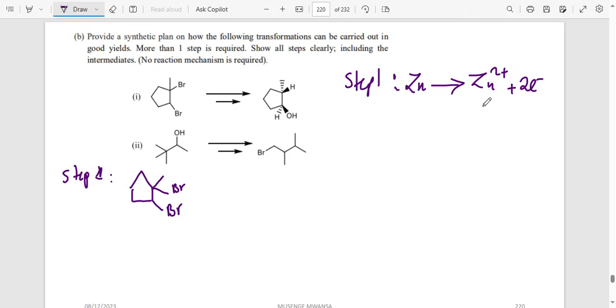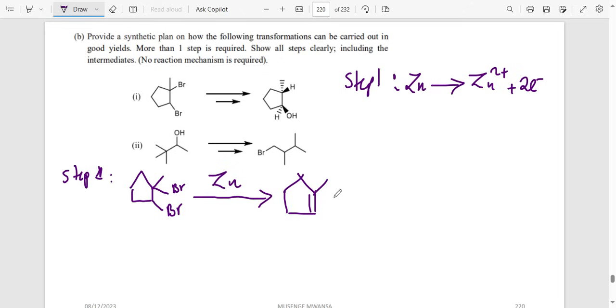So in this mechanism, the first thing that we want to do is use that zinc that we have formed. Let me write first the general mechanism, and then we see how it happens. In the first step, we use zinc. What is important for us to understand is why are we using zinc?